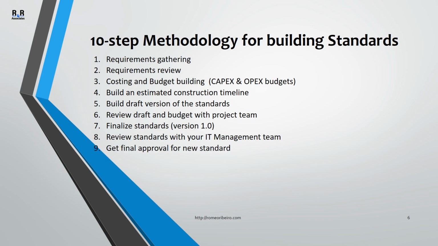All right. Number 9 has to do with approval. Since you did 8 and reviewed, you now want to get a final approval on the standard, if your IT management team can provide that, if you have a CIO or a VP of IT, and you are now seeking that formal approval.